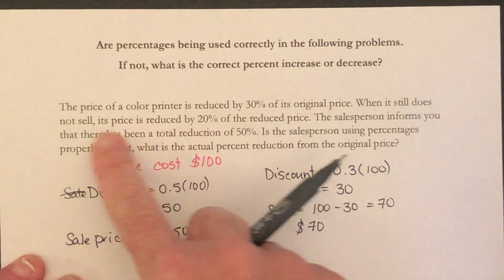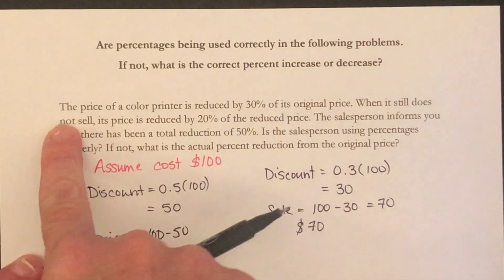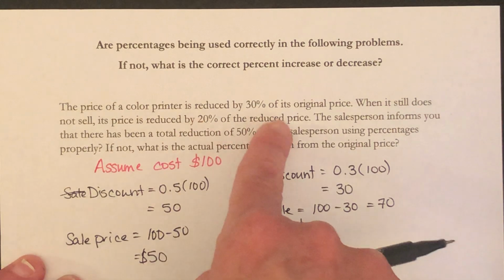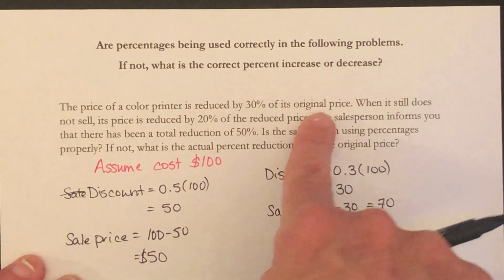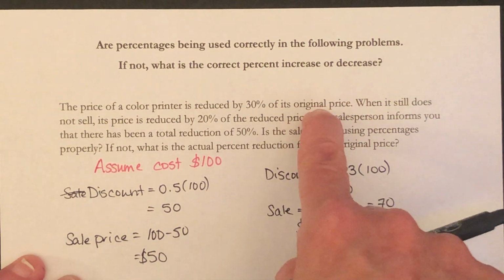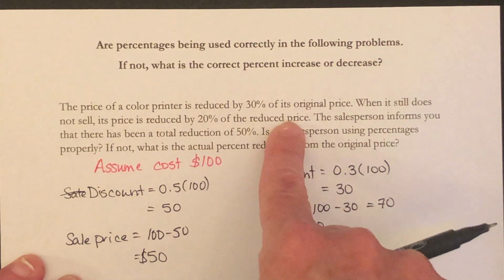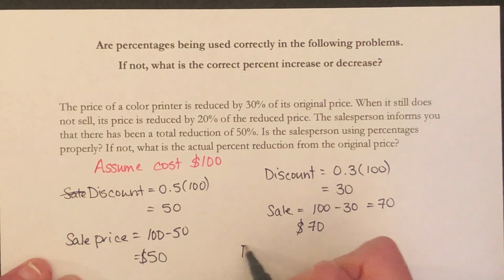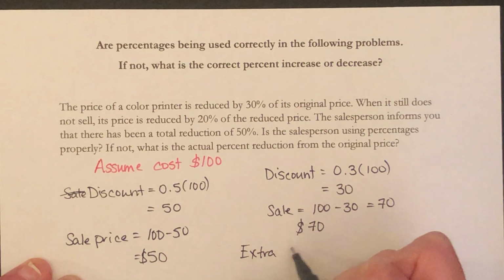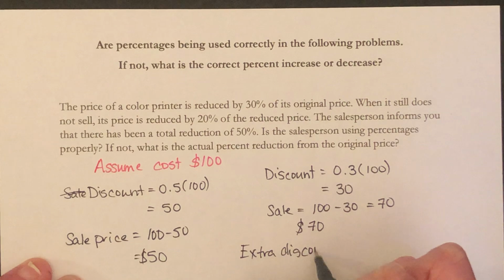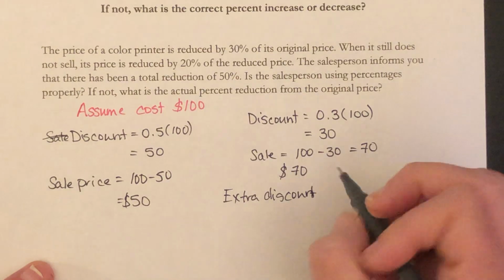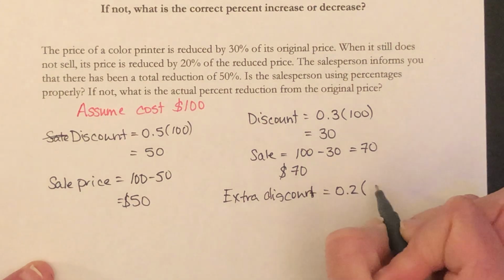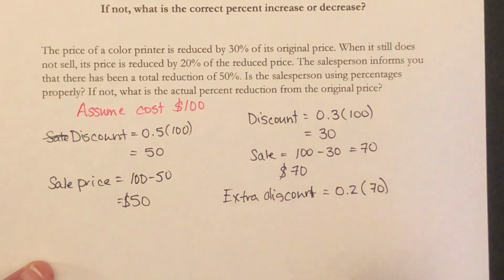Okay, now look here. If it doesn't sell, then its price is reduced by 20% of the reduced price, not of the original price. And that's what makes the huge difference here. 20% of the reduced price means we take this here and to find the extra discount, we're going to do 0.2 times this price, which is $70.